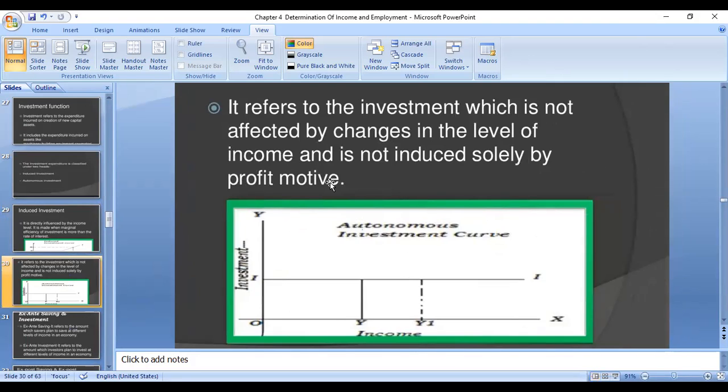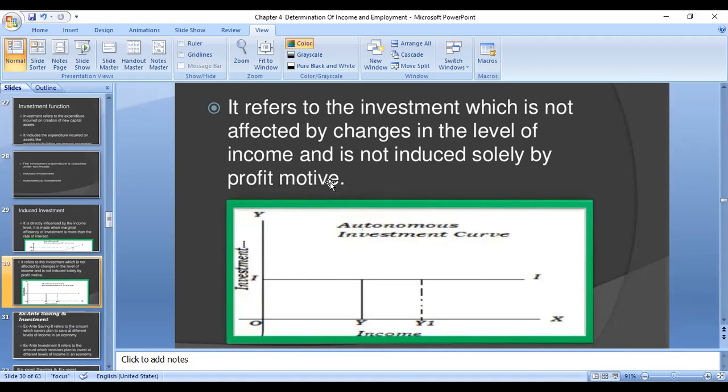Now, what is meant by autonomous investment? It refers to the investment which is not affected by changes in the level of income, and it is not induced solely by the profit motive. So it is income inelastic, that is, it is not influenced by a change in income.